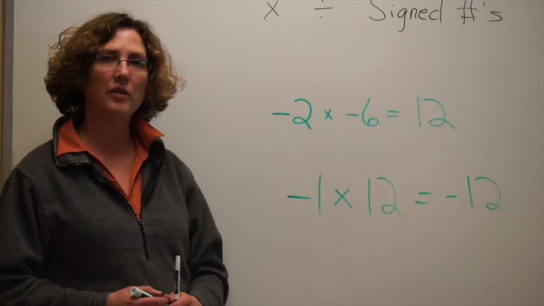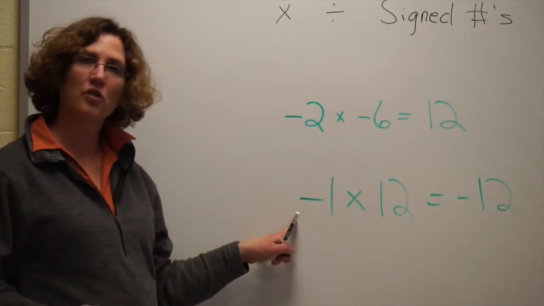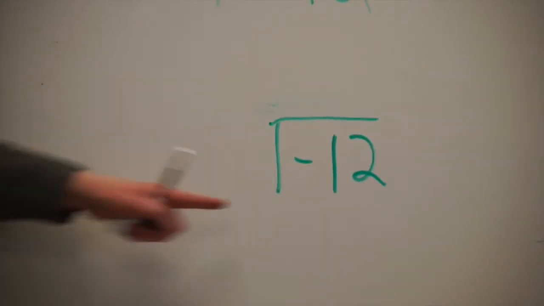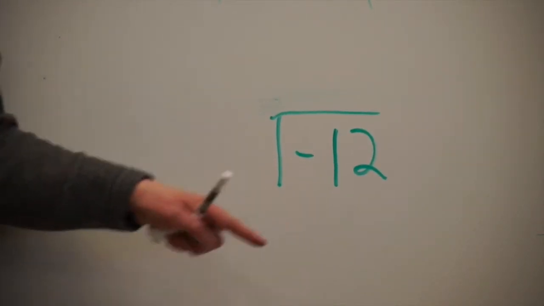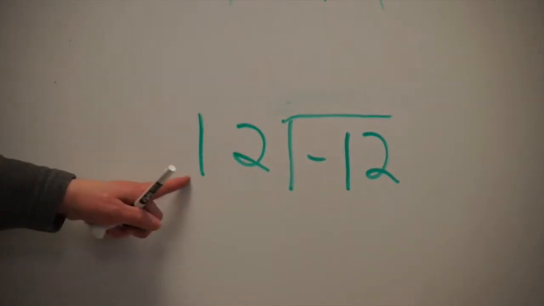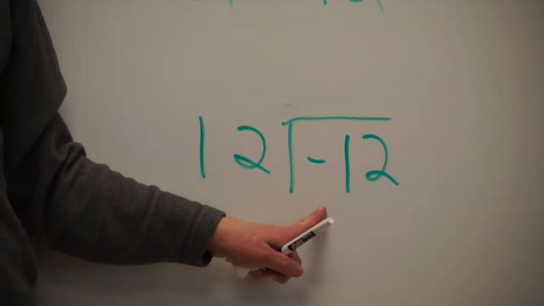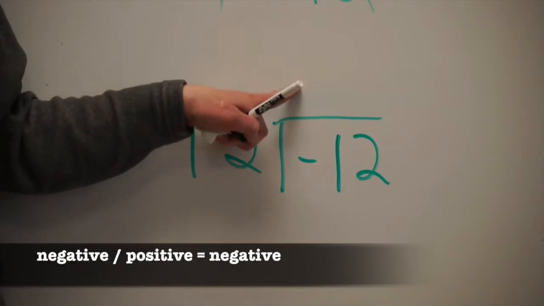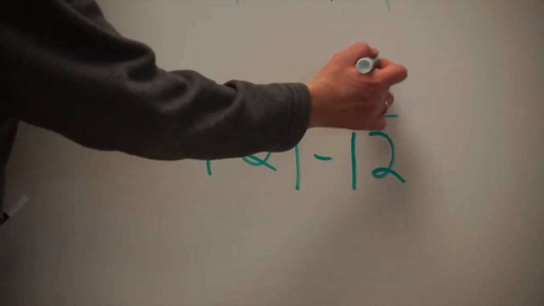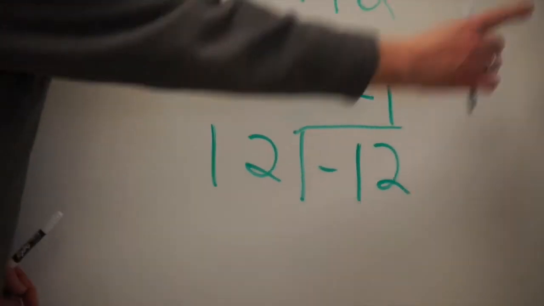So now let's take this multiplication problem and do the opposite, divide. Negative 12 is the dividend. The divisor is 12. If this is a negative answer, you know that the quotient, or the answer, has to be negative, correct? Because a negative times a positive equals a negative.